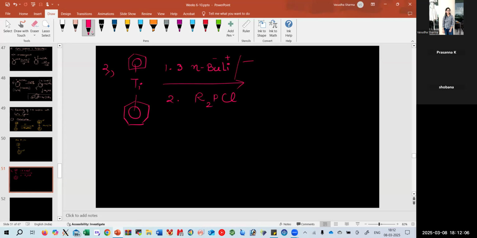This is also in the presence of TMEDA, which is a strong base, tetramethylethylenediamine, to abstract your proton, and that proton can bind with your butyl group, releasing butane gas.